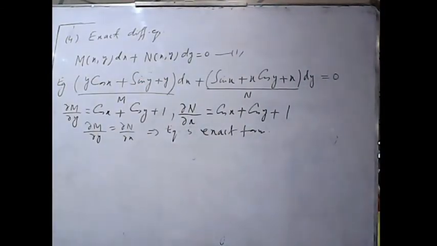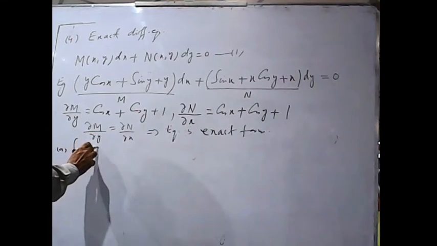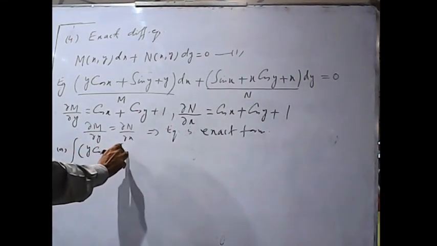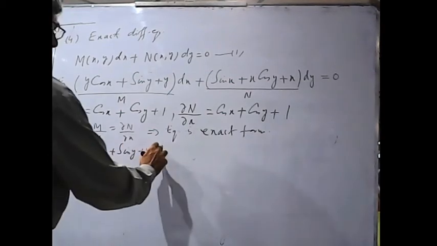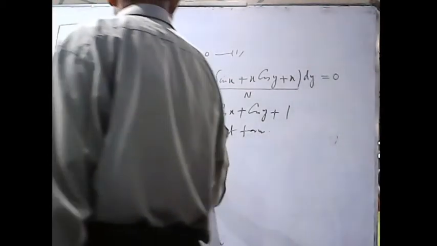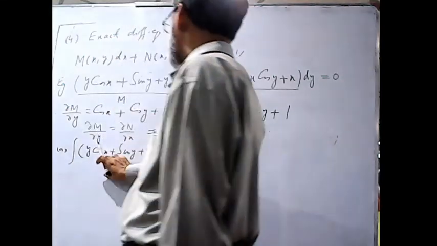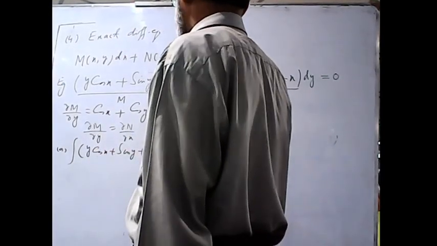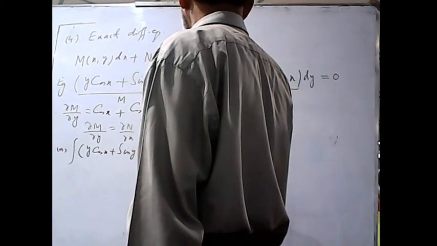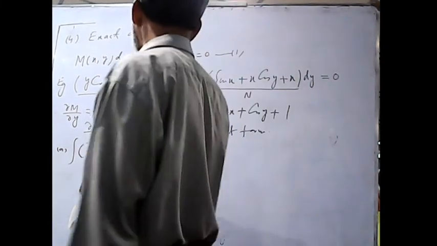Now the solution. Part A: integrate all the terms of N with respect to x. So integrate with respect to x: cos y times the integral of cos x gives sin x cos y, with cos y constant.